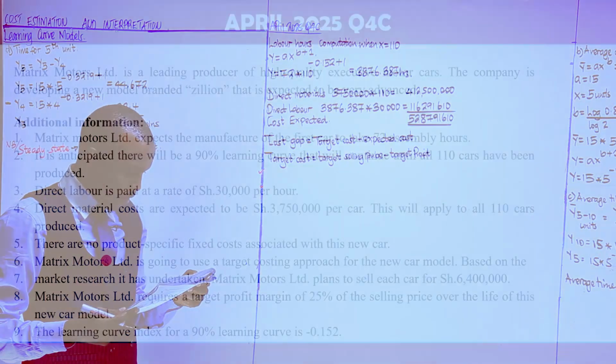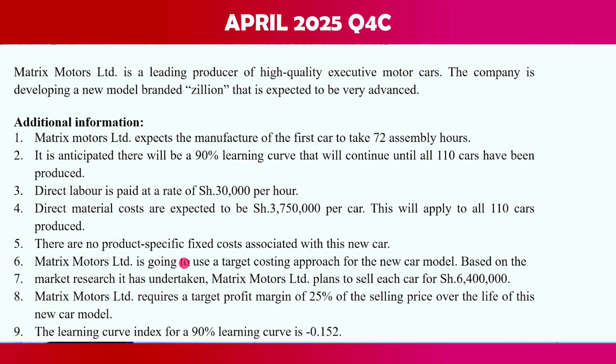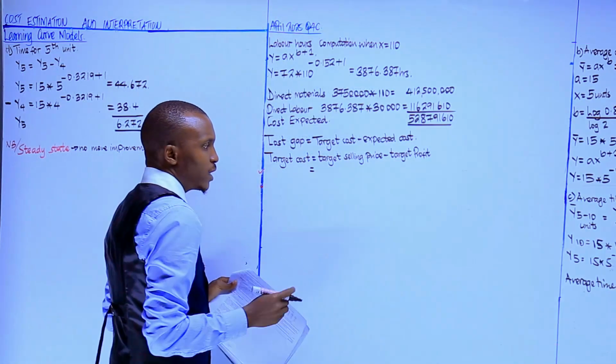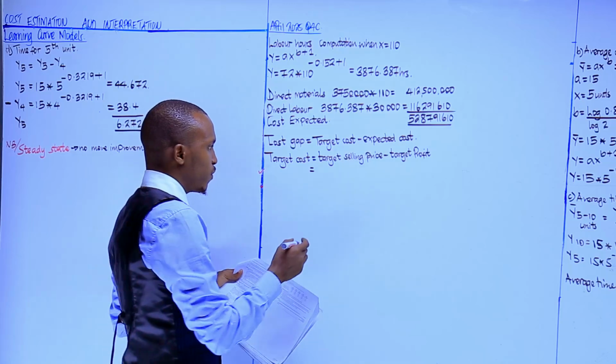Note number 6, Matrix Motors is going to use a target costing approach for the new car model. Based on market research it has undertaken, Matrix plans to sell each car at 6.4 million. Matrix Motors requires a target profit margin of 25% of the selling price over the life of this new car. So our target selling price is 6.4 million per car.